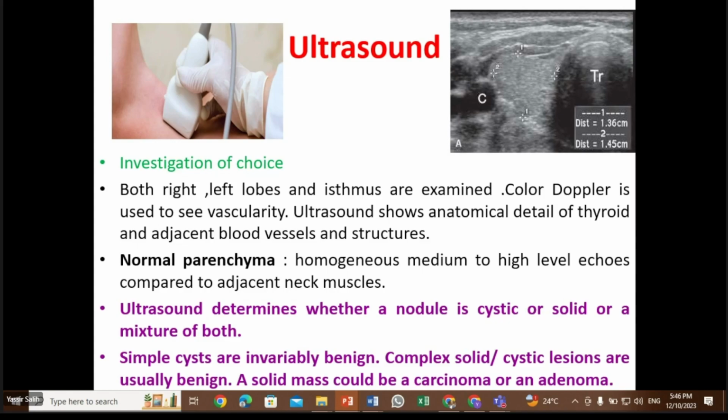For example, a patient on clinical examination has a mass. What is the imaging technique that can be used to differentiate the nature of this lesion, whether it is cystic or solid? It is ultrasound.